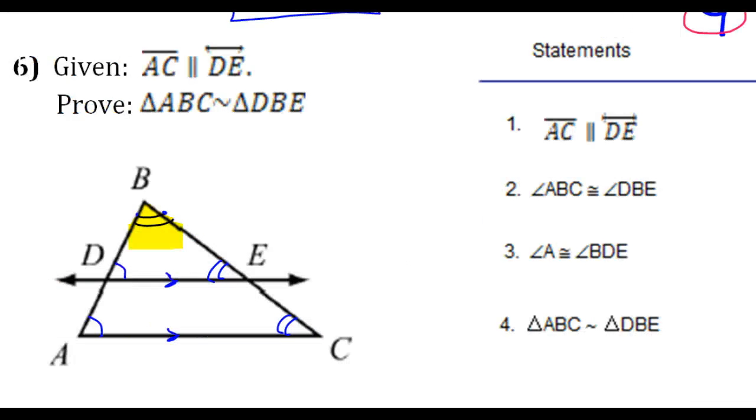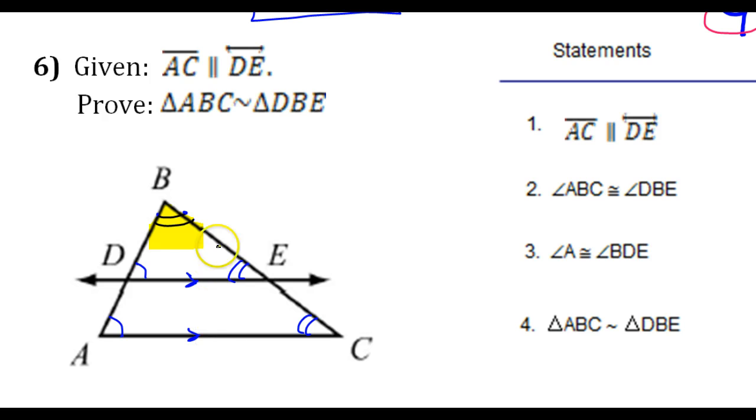That angle will be congruent to itself. Now, here they say angle A is congruent to angle BDE. So angle A, of course, is right here, and BDE is this right here.